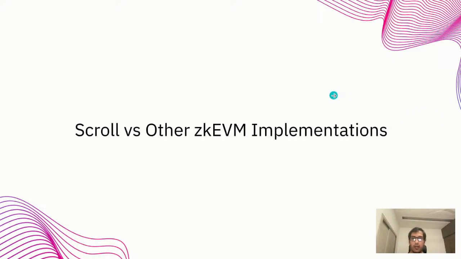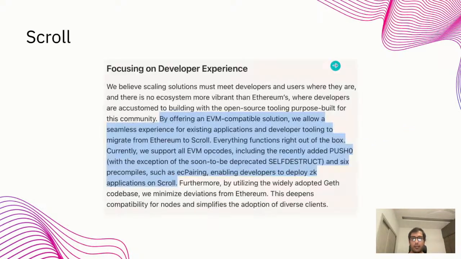So let's move on to how Scroll fares compared to other ZKVM implementations. What makes them different? So, again, Scroll really prides itself on being the most EVM compatible, supporting the most opcodes. So you might ask, why are they talking about opcodes now and not bytecodes? Well, just from a very simple standpoint, I'm not a dev myself, but from whatever I could find, it's just that bytecodes are made of opcodes.